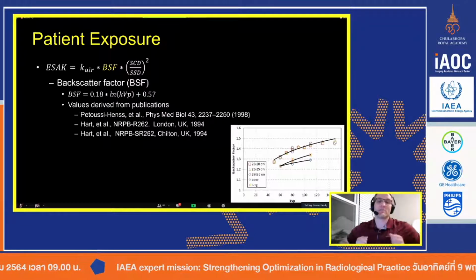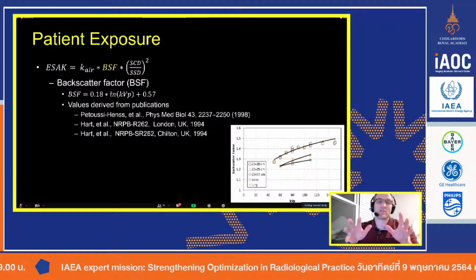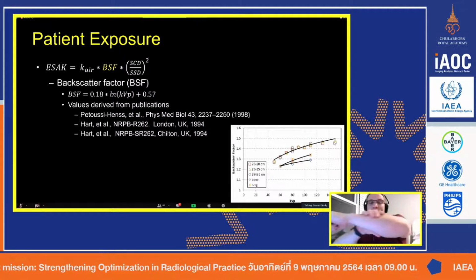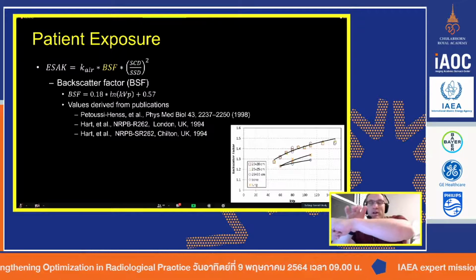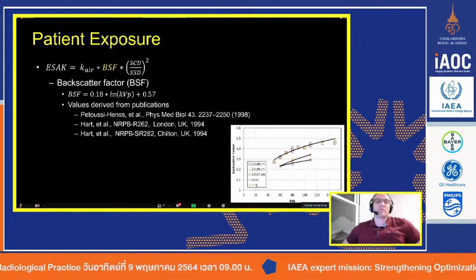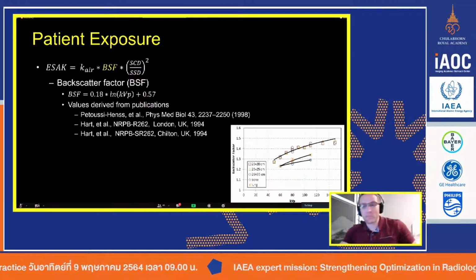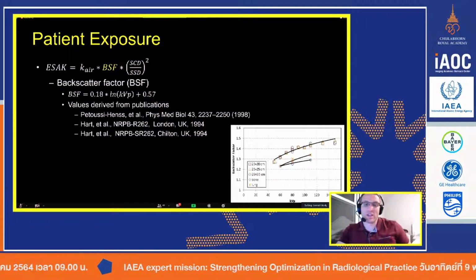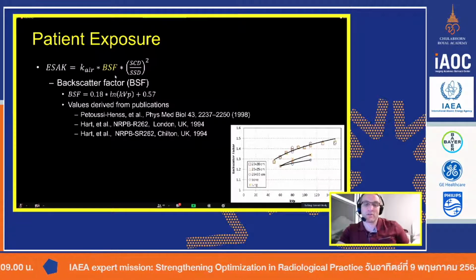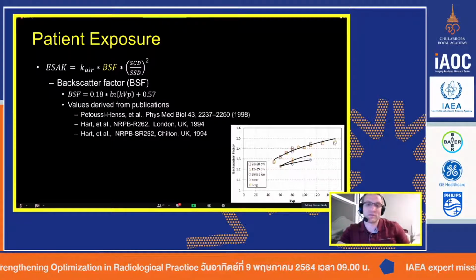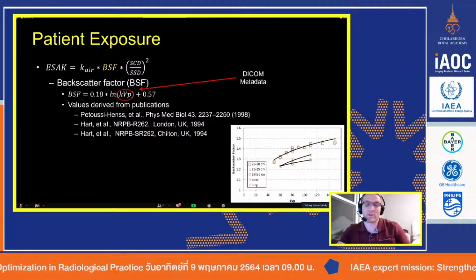So you're not going to get as much scatter out of your chest or lung region as you would from an extremity, an anatomical region that's bony, versus maybe just soft tissue, such as your abdomen. So here you can see the various differences. Once again, I know that I can calculate my backscatter factor based on kV and field of view, and those are values that I can look up in my metadata.